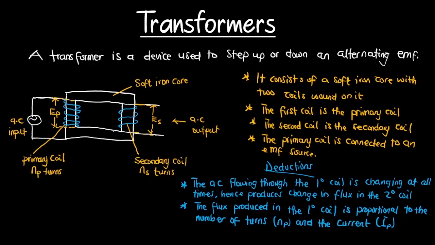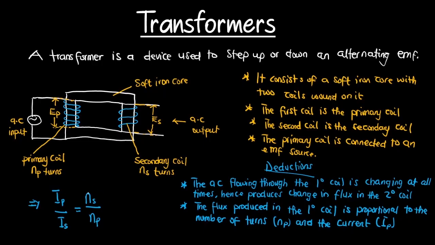So let's look at that relationship now. We don't know whether they are directly proportional or inversely proportional, but the relationship is the current flowing through the primary coil over the current flowing through the secondary coil is equal to the number of turns in the secondary coil over the number of turns in the primary coil.